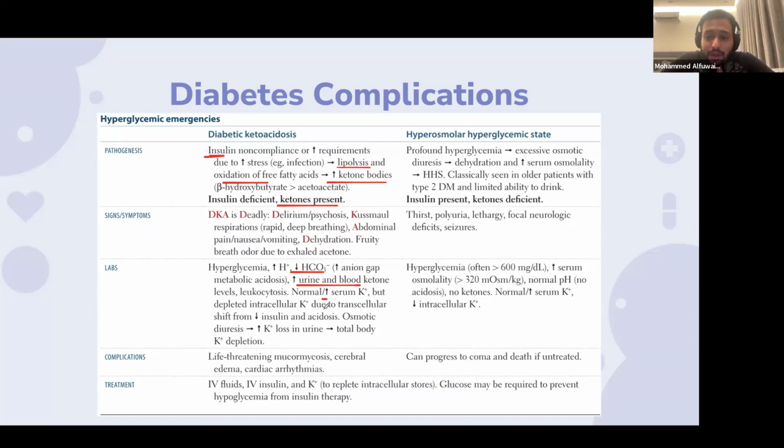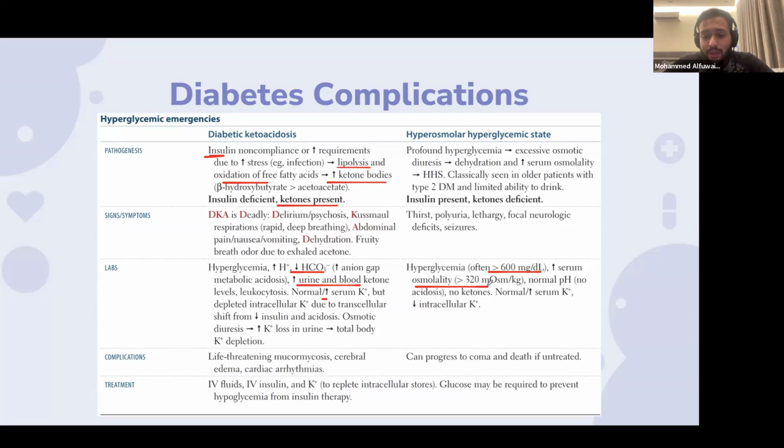The hyperosmolar part is because you're urinating so much that your serum osmolality will go up. It'll be very concentrated. And because of this high concentration, you'll have hyperglycemia, often above 600 milligrams per deciliter, which is super high, okay?